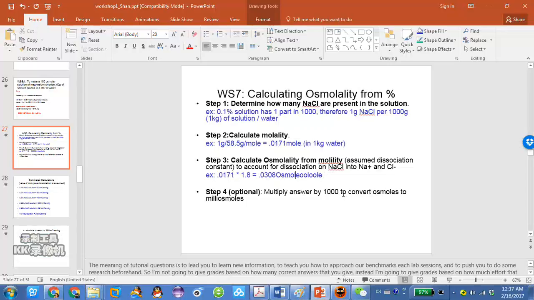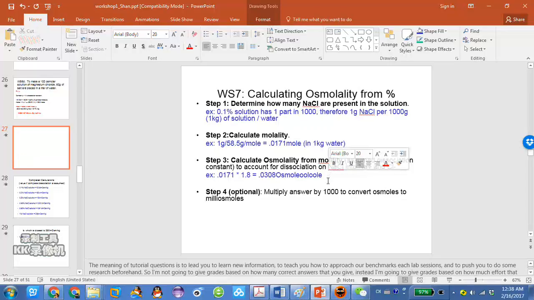To convert that unit into a smaller one, I'll use milliosmoles per kilogram. So in the end, you'll have 30.8 milliosmoles per kilogram as the final number.